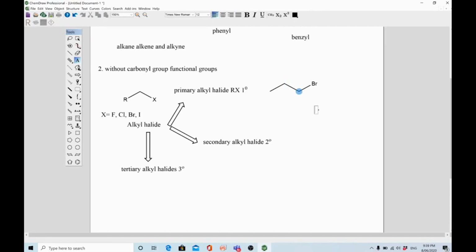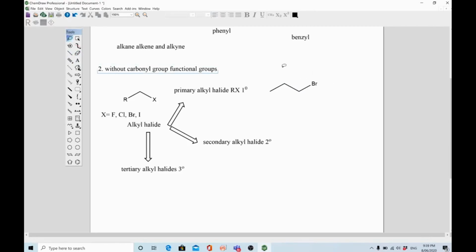That is called 1 degree or primary alkyl halide. It's not necessary that it should always contain 2 hydrogens, but this is a simple technique. So this bromine is connected with this carbon, so this carbon should be connected further with only 1 carbon and 2 hydrogens. That's primary.